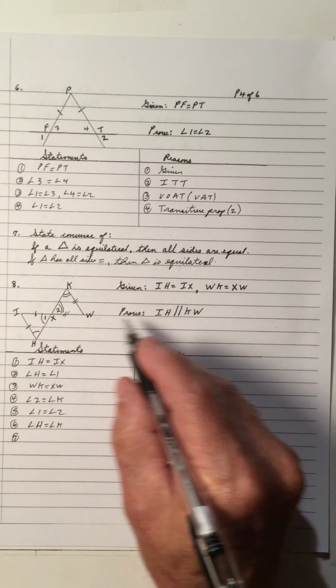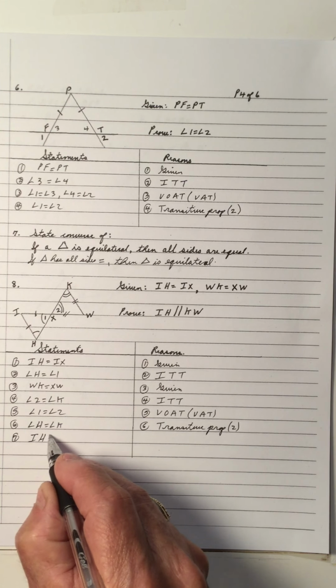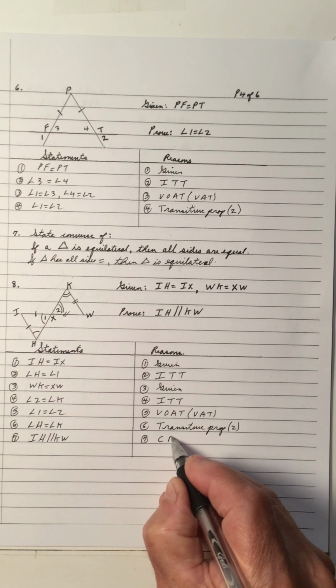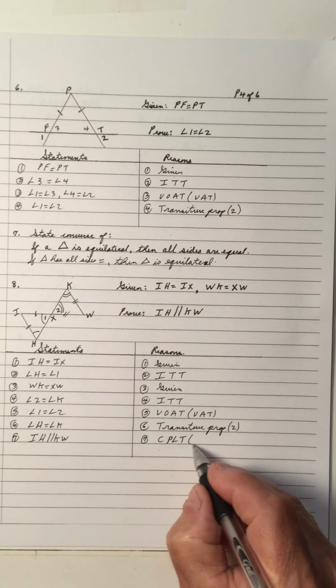Number 6, because these angles are equal, that means IH is parallel to KW. And that's angles equal, so that's the converse of the PLT. To get parallel lines, we need a pair of angles equal.